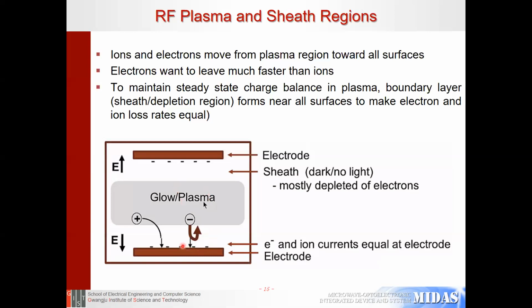Here I am showing the charge on the two electrodes. As these surfaces charge up, we develop an electric field that is retarding for electrons, so electrons want to start turning around and going in the opposite direction.